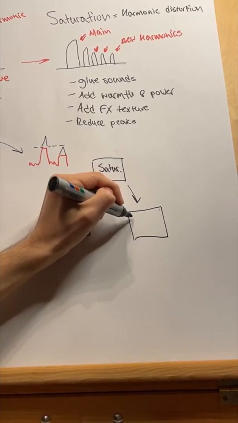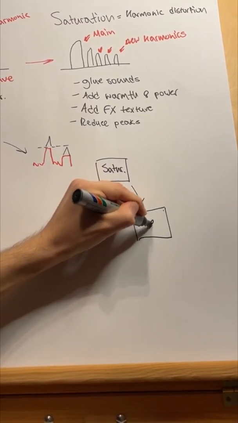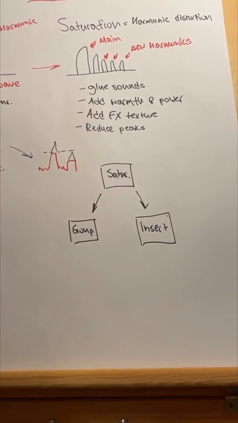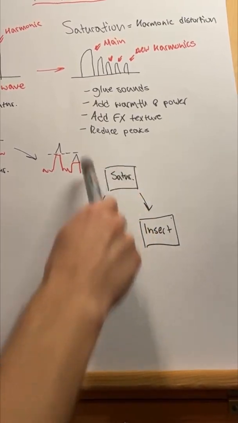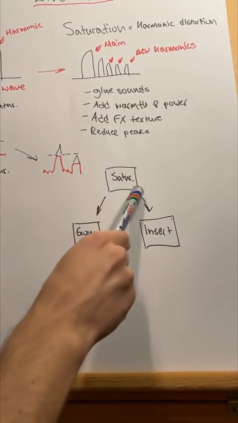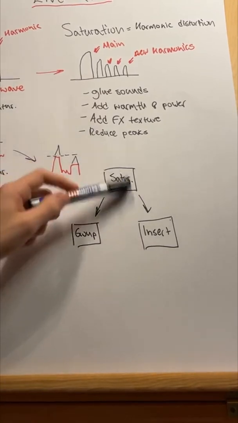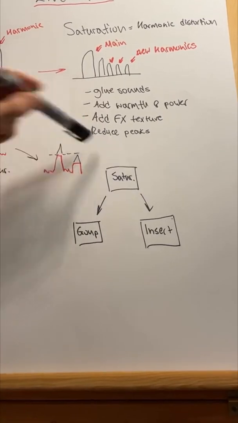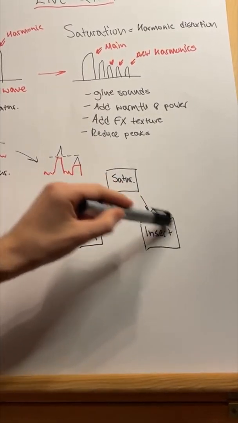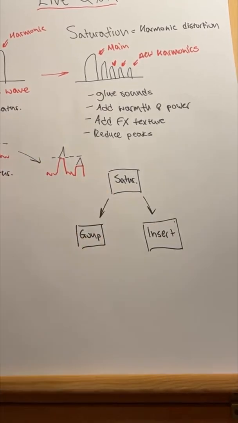Let's call this insert. So in general, there are two scenarios where you're going to use saturation: you can use it on the group, and you can use it on the insert channel as well.